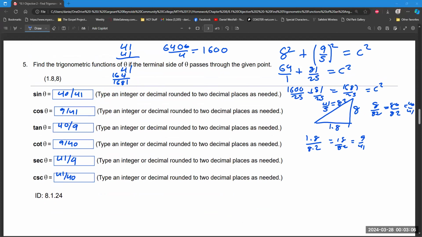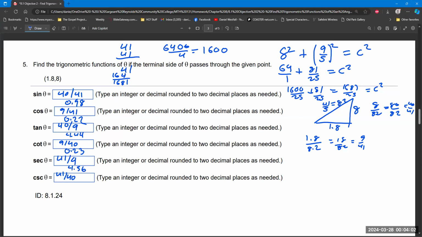40 over 41 is approximately 0.98. 9 over 41 is 0.22. 40 over 9 is 4.44. 9 over 40 is 0.23. 41 over 9 is 4.56.